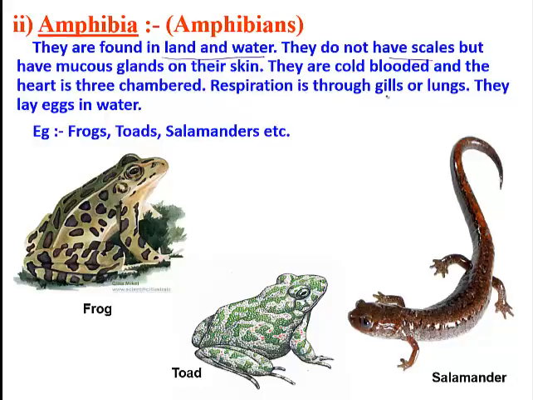Respiration through gills or lungs also takes place in their metamorphic stage, and they lay eggs in water. Examples are frog, toad, and salamander. You can see their body is slimy in nature. Generally they are included as tetrapods, because they have four appendages. Even this can be considered under the tetrapoda.